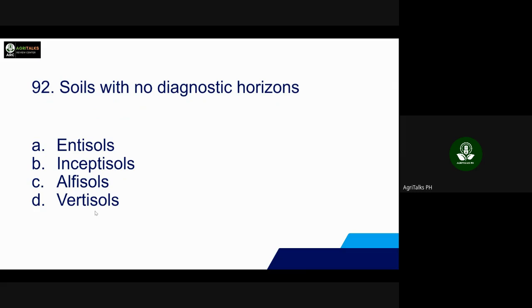92. Soils with no diagnostic horizons. A, entisols. B, inceptisols. C, alfisols. D, vertisols.